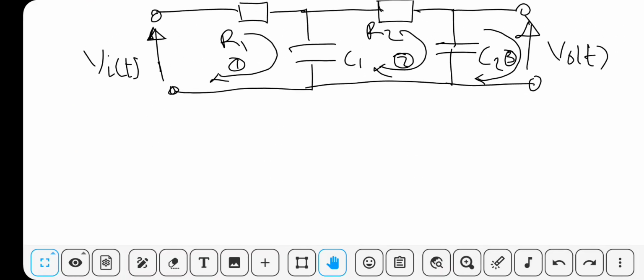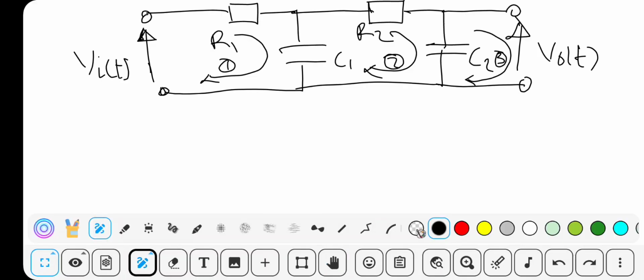For mesh analysis, take this to be positive, negative, positive, negative. Going through the voltage from negative to positive for mesh 1, let me write using mesh analysis.